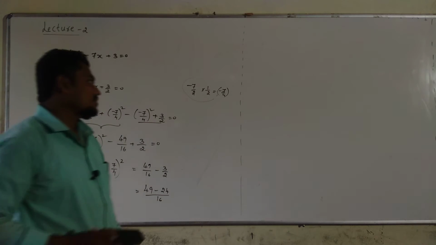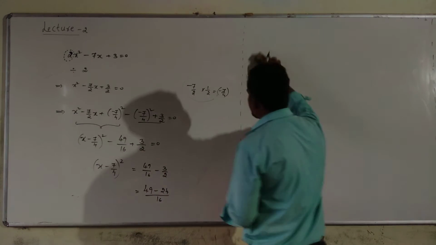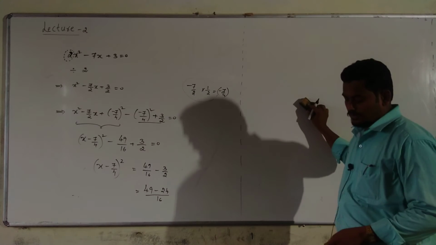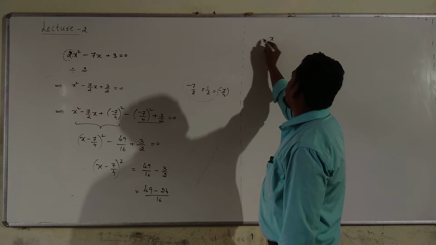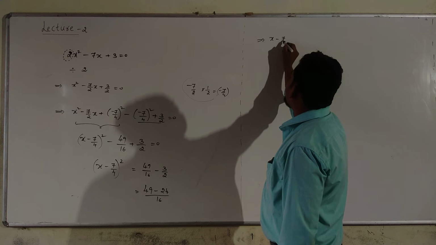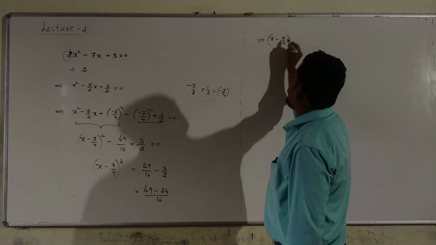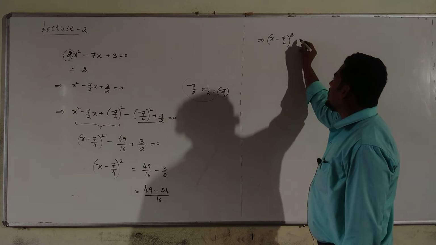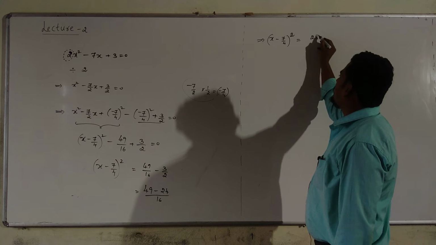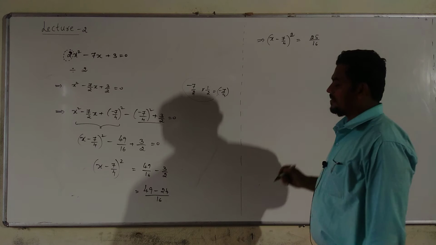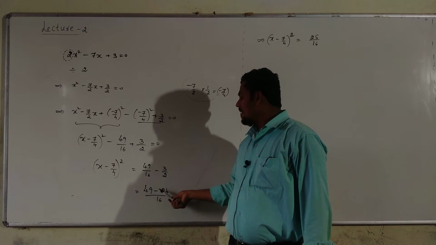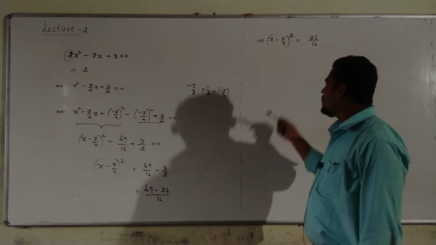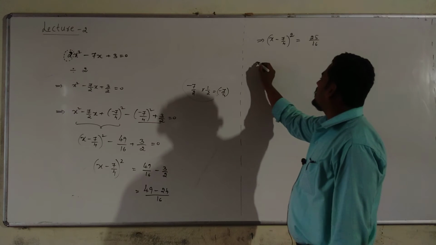After that, (x minus 7 divided by 4) whole square is equal to 25 divided by 16. Why? Because 49 minus 24 is clearly 25 divided by 16.